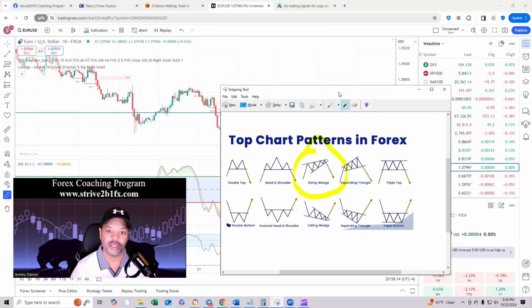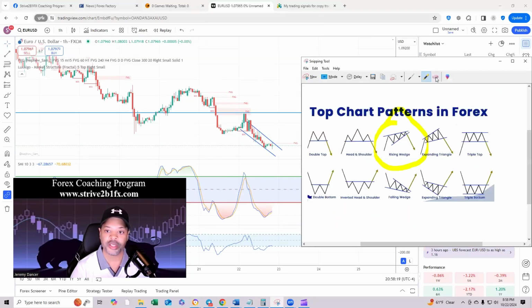So I pull up my cheat sheet and I look and see what this looks like. This one's going to be a little bit trickier because these lines are looking very symmetrical. So they're looking more like a flag pattern, which I don't have on this list right here.